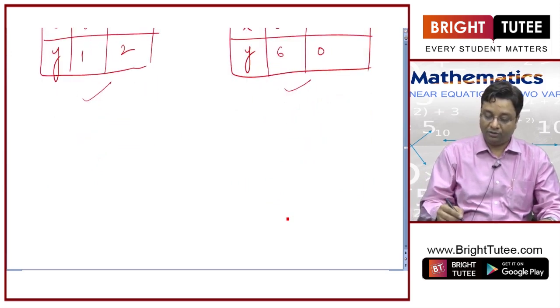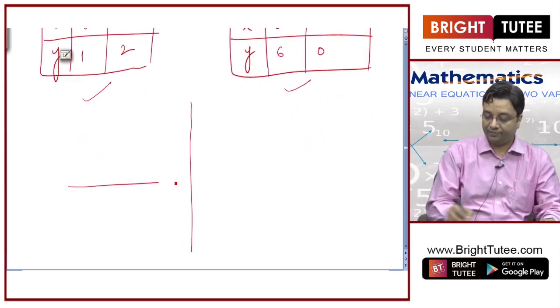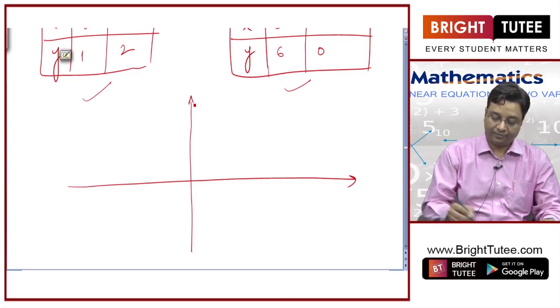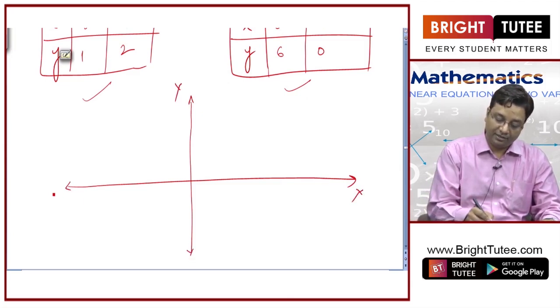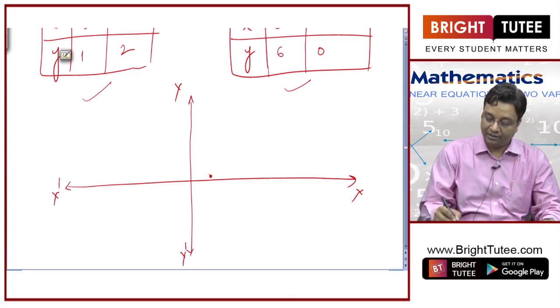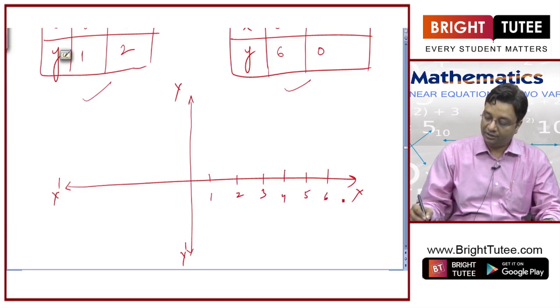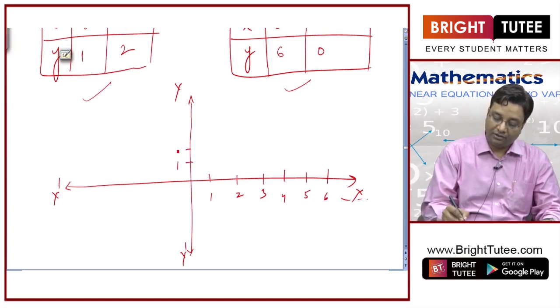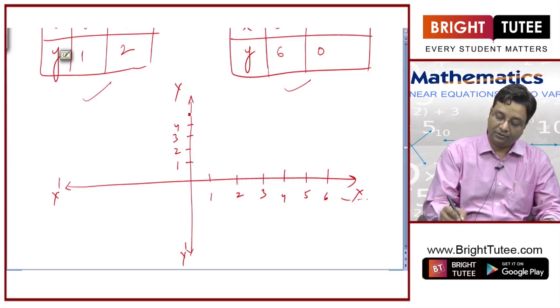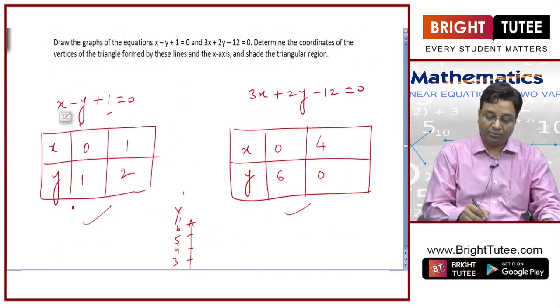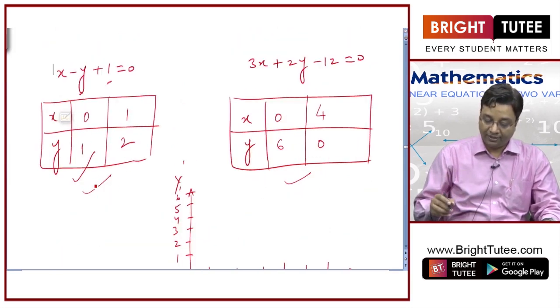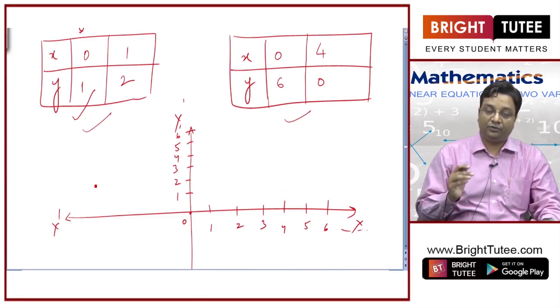For example, if you draw these two lines, this will be x, this will be y, x dash, y dash, 1, 2, 3, 4, 5, 6 and so on. Now if you have got a graph paper and you draw these points carefully, you will get the exact point of intersection.